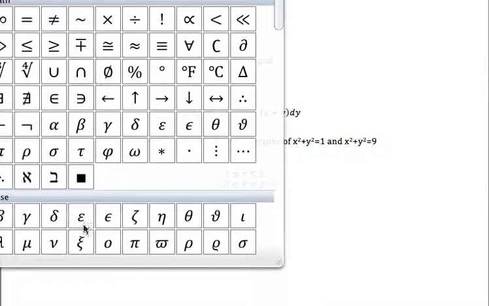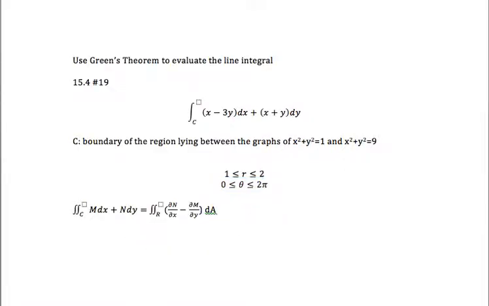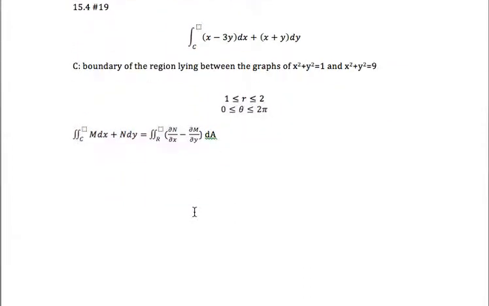And everyone knows that Green's theorem is this equation right here: the integral over C of m dx plus n dy equals the double integral over the region of dn over dx minus dm over dy dA. So what we're going to do first is find what dn over dx is and what dm over dy is.